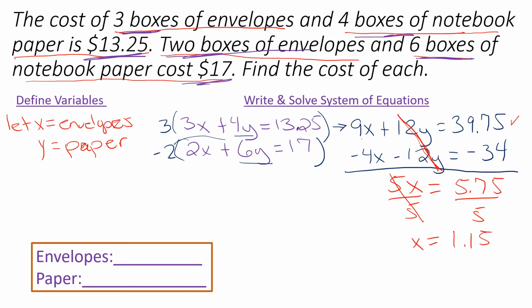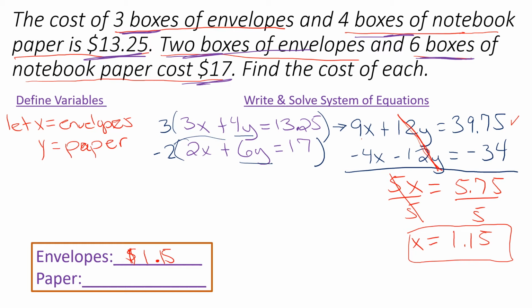So since we're talking about dollars here, because how much is the cost? So X is envelopes, so that would be $1.15 per envelope. That's my messed up dollar sign there, but it's $1.15. So now we want to find our paper.